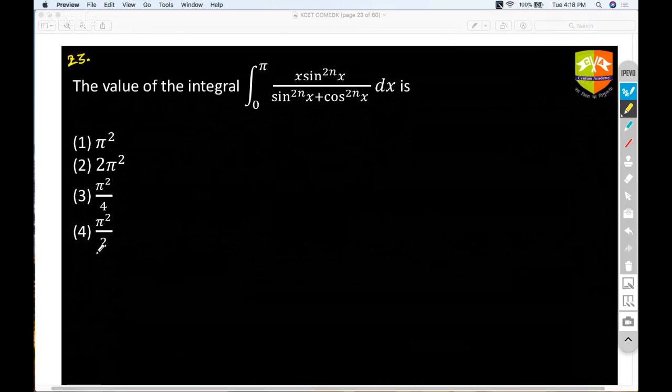The value of this integral. Okay, so I'm getting two different answers from Sai and Vaishnavi.